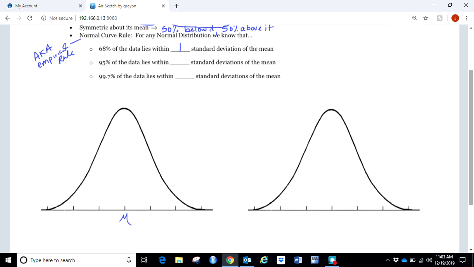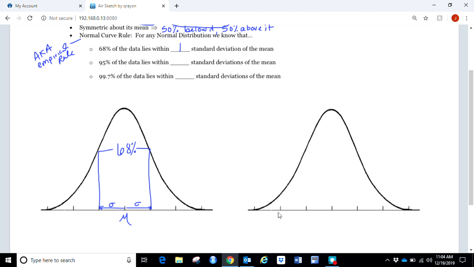Well, what does that actually mean picture-wise? It means I go from the mean and I go one standard deviation below it and one standard deviation above it, and draw my lines here. What that means is that I'm going to get 68% of my data within one standard deviation of the mean.